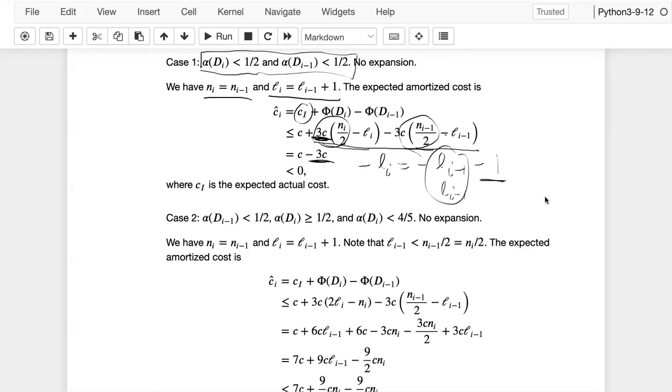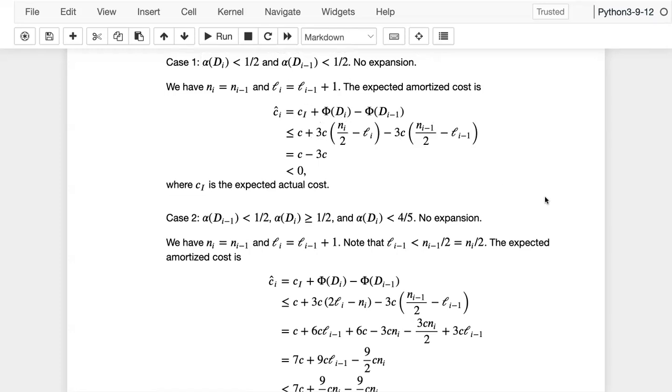The next case is before the insertion, the load factor is strictly less than 1/2, but after the insertion, the load factor becomes at least 1/2, but it is still less than 4/5. Hence, in this case, no expansion occurs.